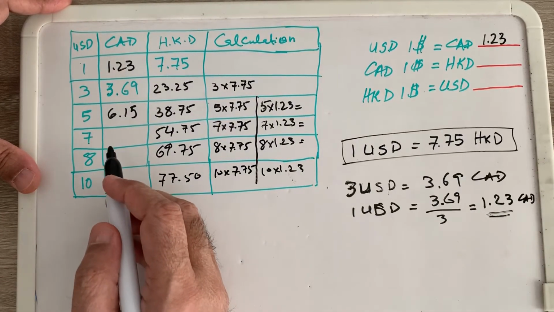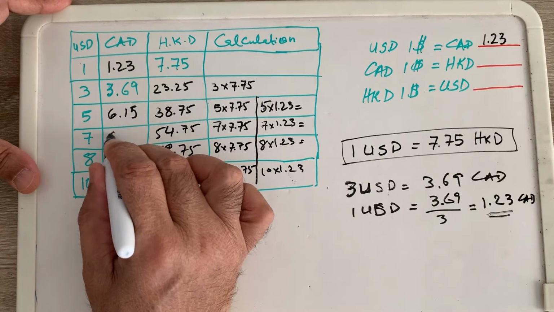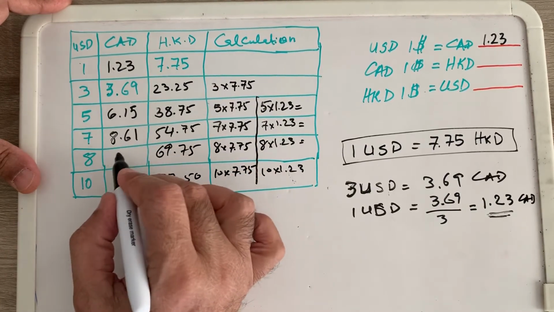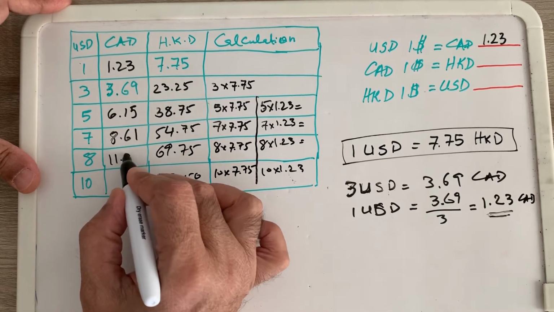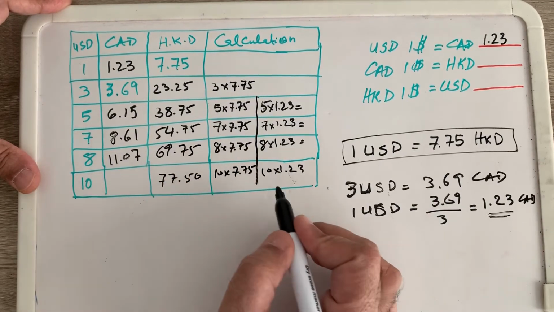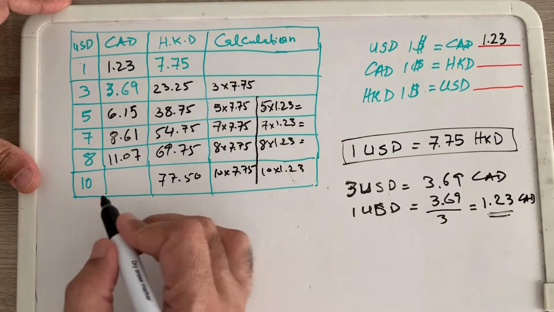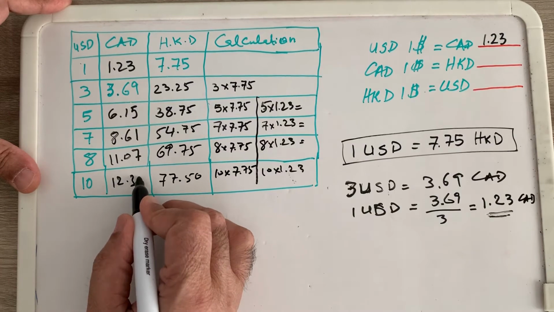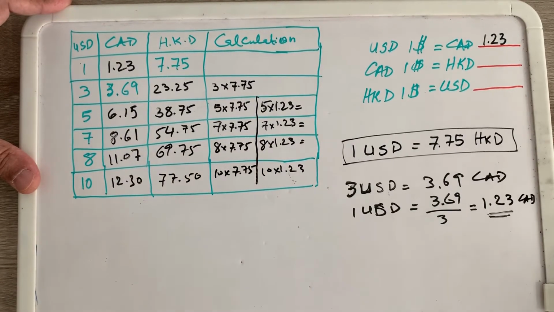So when we multiply this, it will be approximate, and you can do it by calculator: 8.61, 11.07, and then for 10, that one is easy, straightforward, 12.30. So this is how I complete my table. Only two values were given: one relationship was 1 USD into Hong Kong dollar and 3 USD into Canadian dollar, and we fill up the table and show our work in the calculation column.